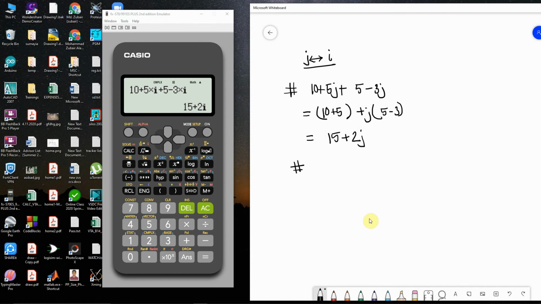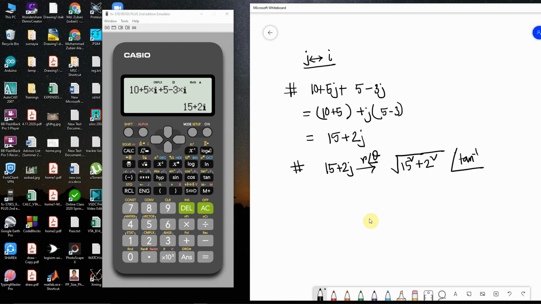Say we want to convert this 15 plus 2j to polar form. Okay, so how to do that? We know the drill. Take the squares of the real and imaginary parts, and for the angle, take the tan inverse of imaginary over real, that is y over x.